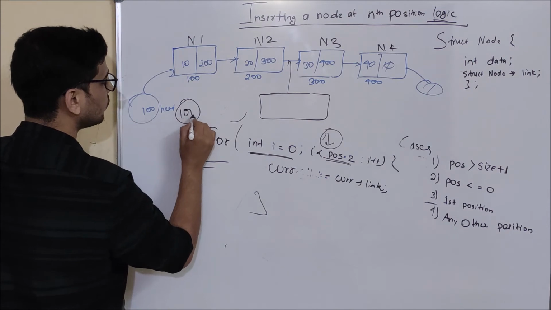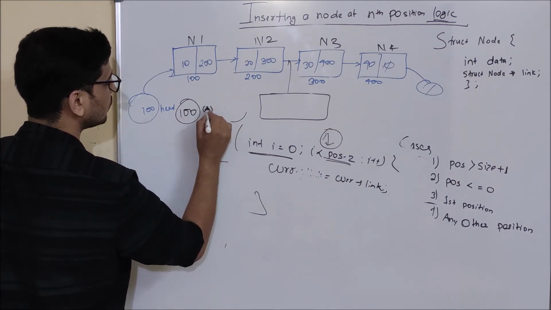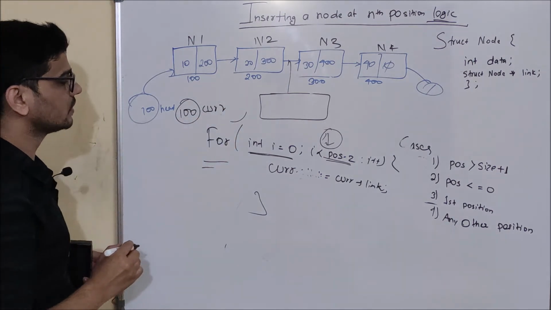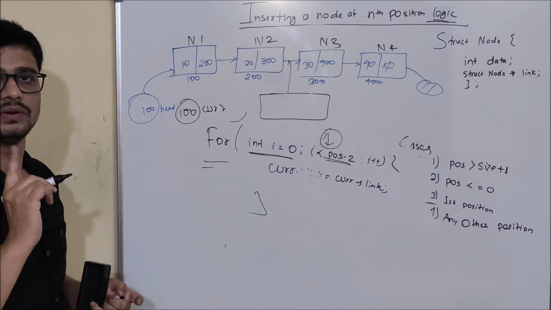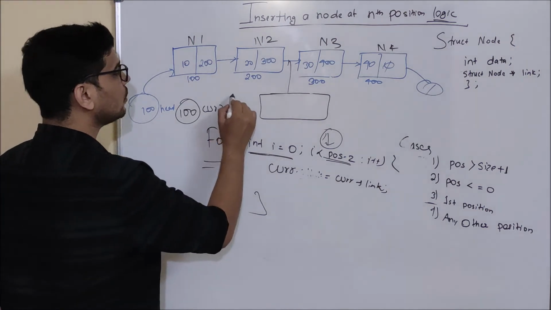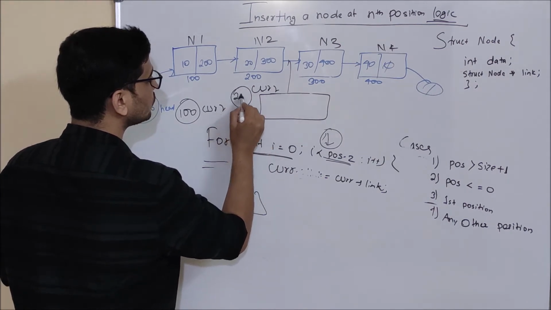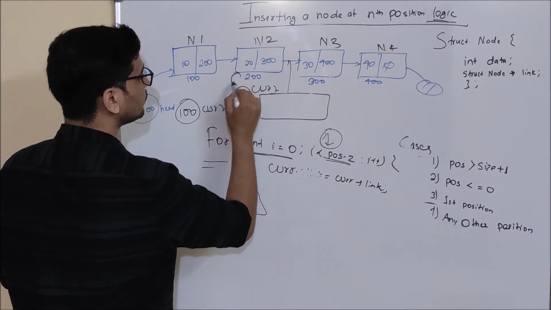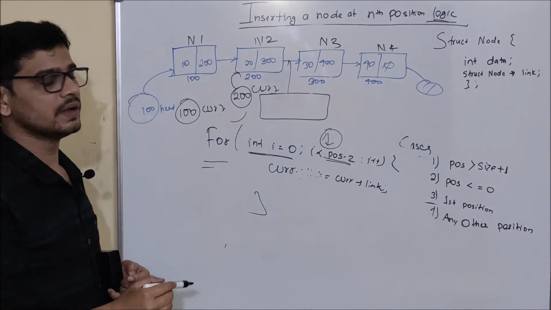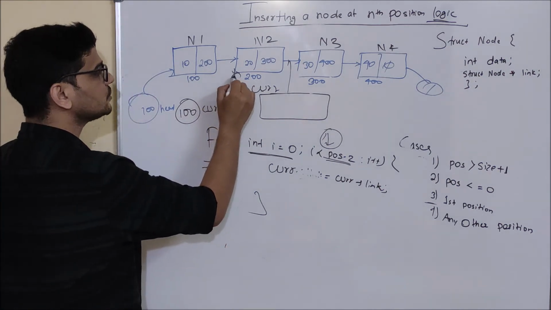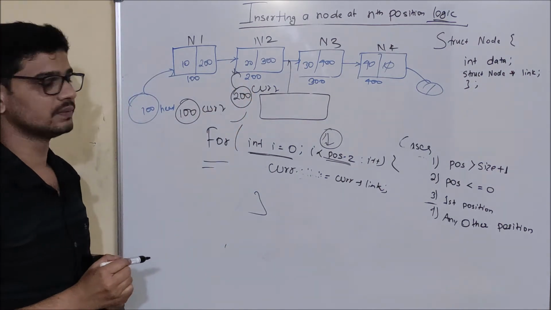In cur we will have 100. And this loop will execute one time, so the value in cur will be updated to 200, friends. That is, after this for loop, it will start to point to the starting address of node 2.